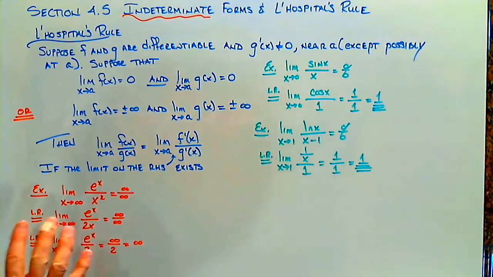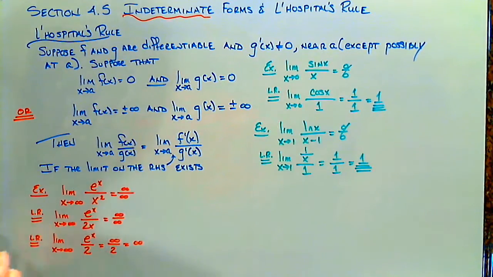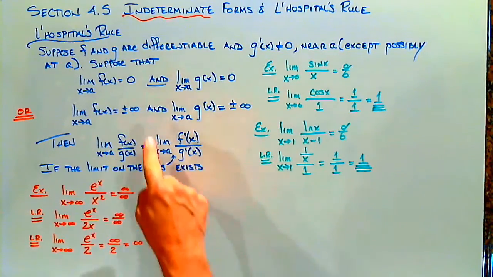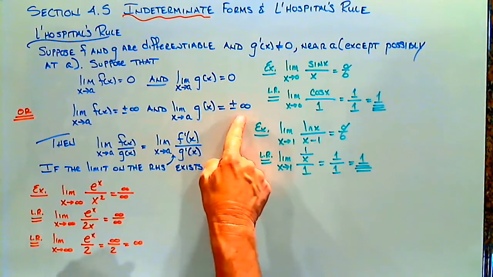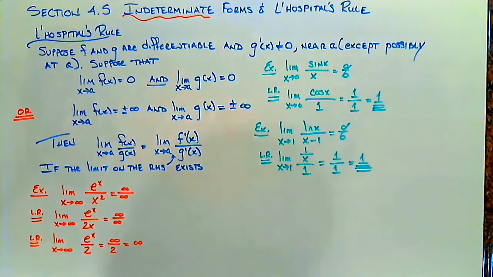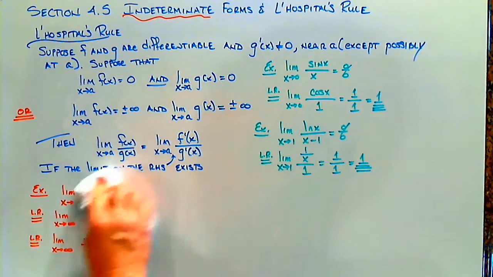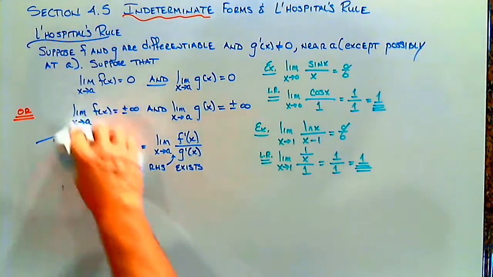If you don't get your answer the first time, feel free to keep using it. But make sure that L'Hopital's rule applies. Make sure your numerator and denominator both go to 0, or both go to plus or minus infinity. So I'm going to go ahead and erase this, and then we'll look at some other things that L'Hopital's rule will help us solve.